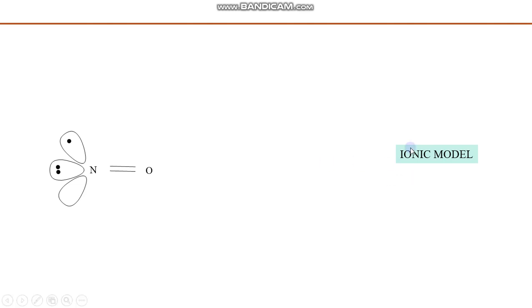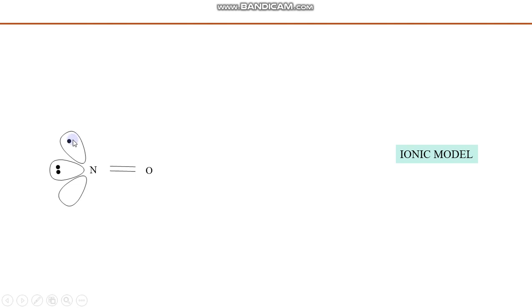The next model is called the ionic model, and as the name indicates, in the ionic model there will be either gain of an electron from one species by the other, or at least a transfer of electron from one species to the other. For nitrosyl there are two possibilities: either to accept an electron in this orbital, because here we have unpaired electrons, and that incoming electron will pair off with this electron.